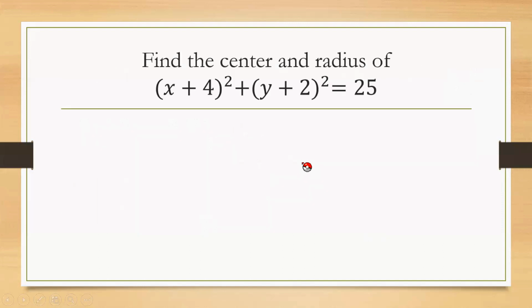Next, find the center and radius of (x plus 4) squared plus (y plus 2) squared equals 25. So let's write this as our guide. Now, we have to expand x plus 4 and y plus 2.